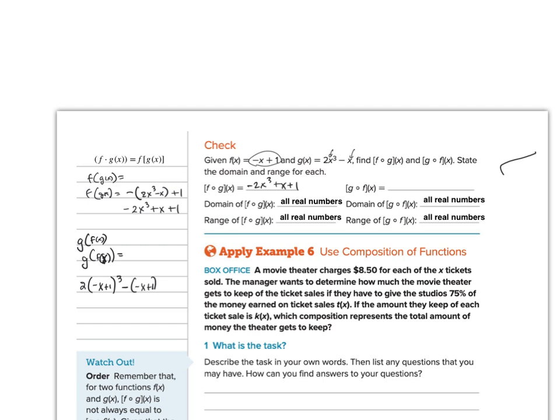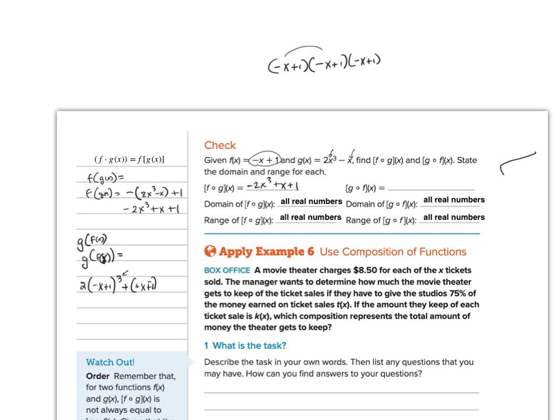Let's see, so you have to do this thing first. You have to cube it first, and then I'm going to add that. Cubing that function is a little bit of work. I have negative x plus 1 times negative x plus 1 times negative x plus 1.